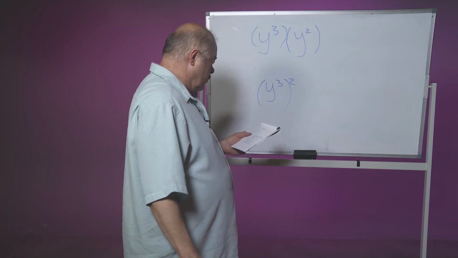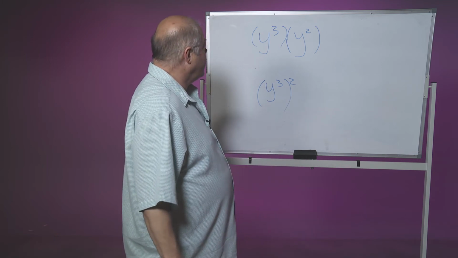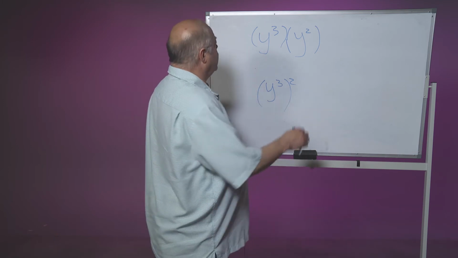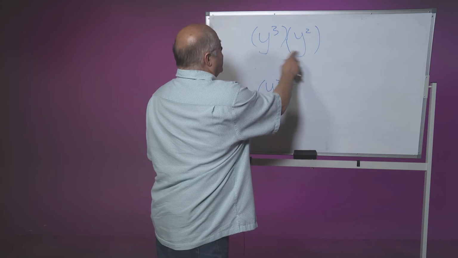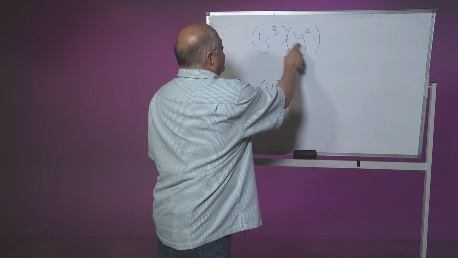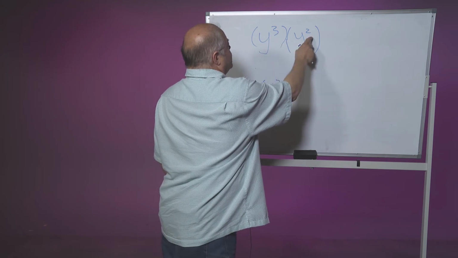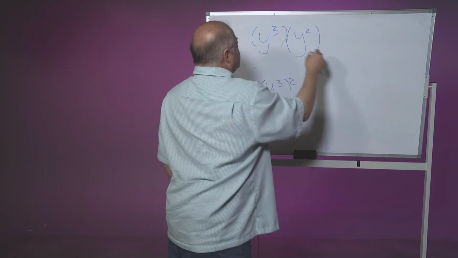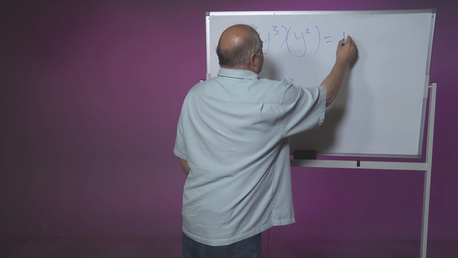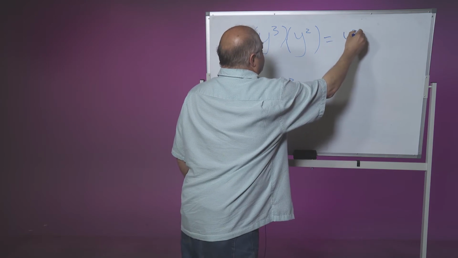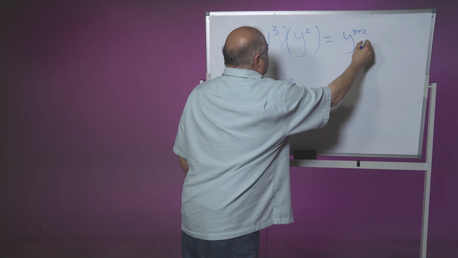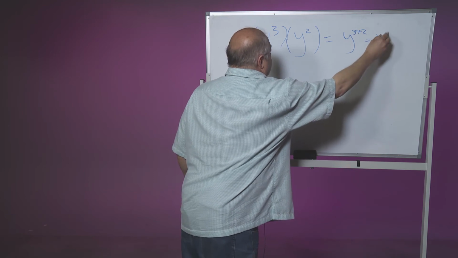There's a rule. The answer to this one is when you have the same base and you multiply numbers together with exponents, you add the exponents. So this would be y to the 3 plus 2, which is equal to y to the 5th.